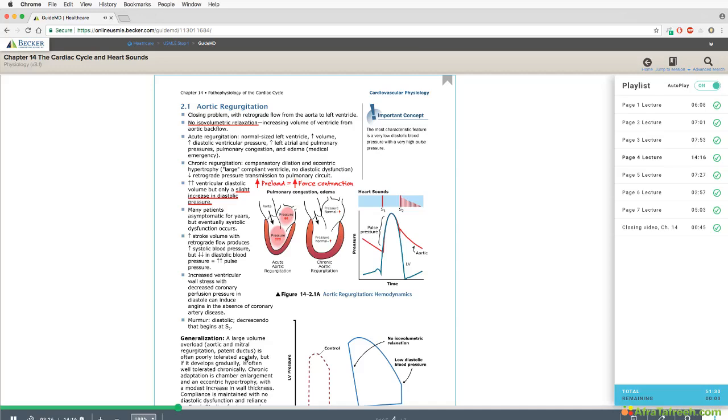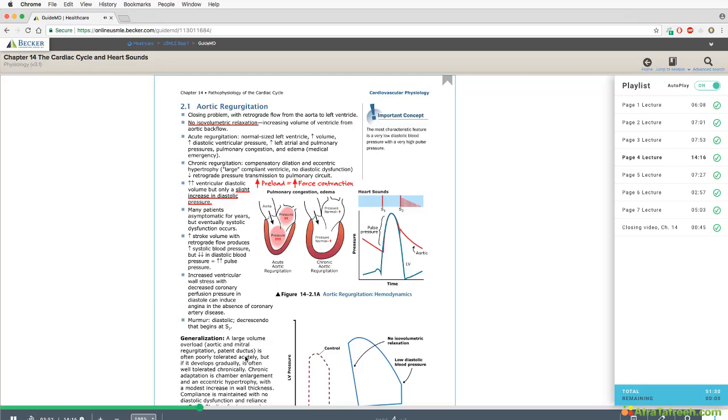Now, this is a more complicated aspect. Once you finish pumping that large volume into the aorta, blood is leaving the aorta and perfusing systemic tissues, but the aortic valve does not close properly. Therefore, blood is going back into the ventricle.